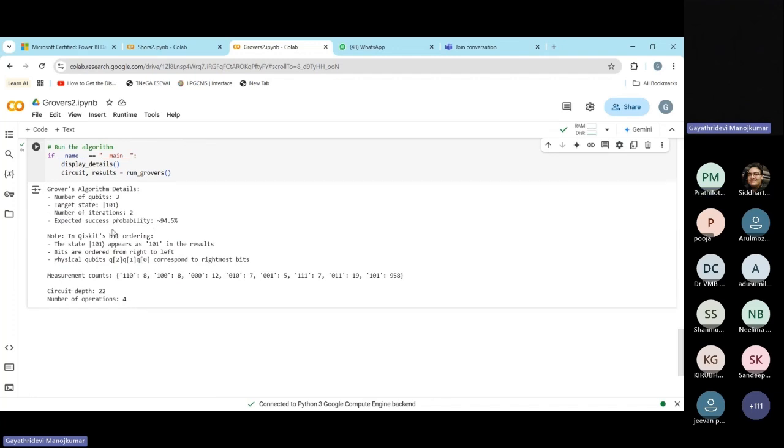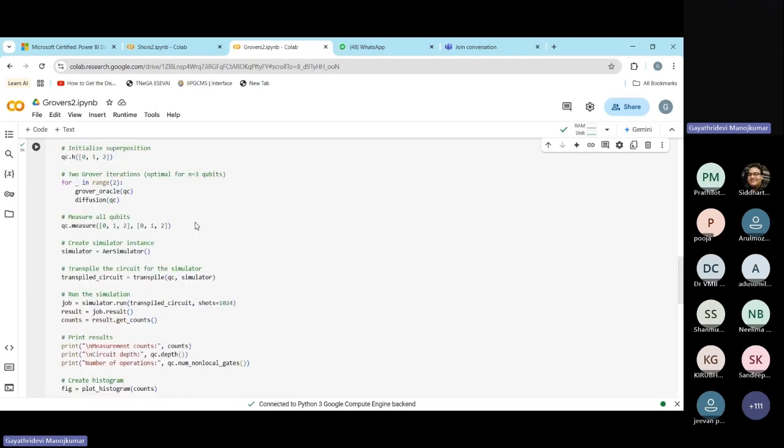The expected success probability is 94.5%. This is because we cannot get 100% due to noise and errors. You can see the circuit depth is 22, and the number of operations is 4.